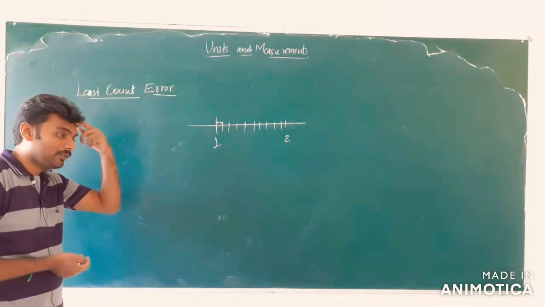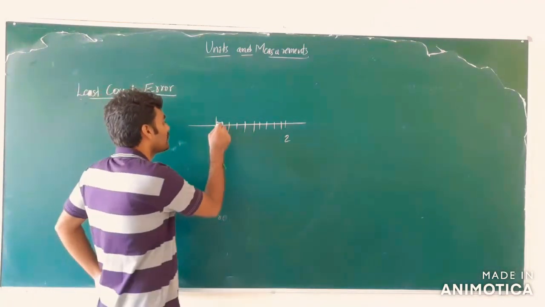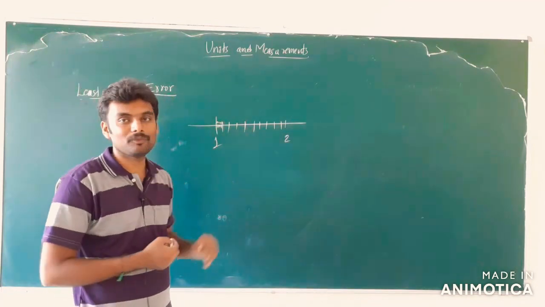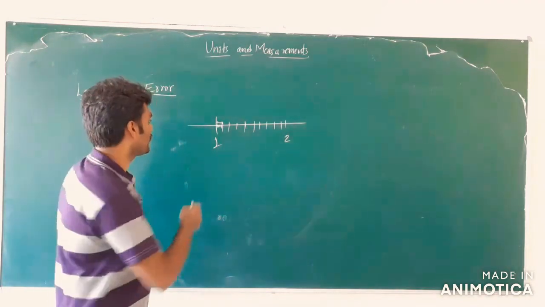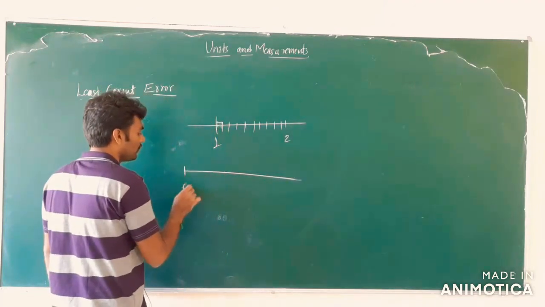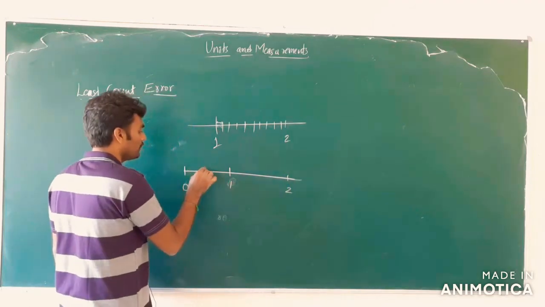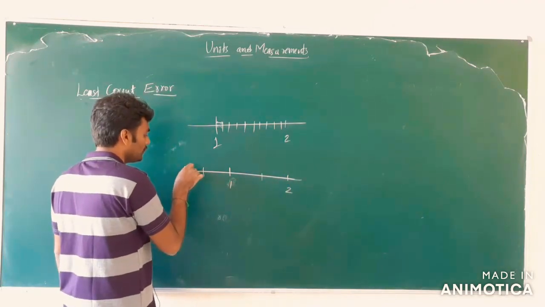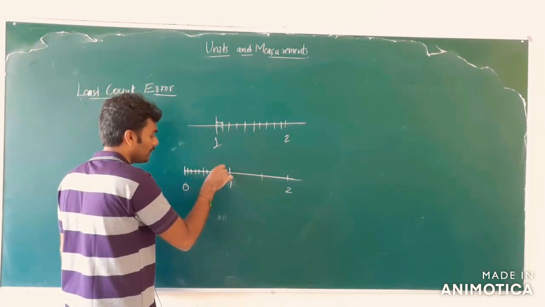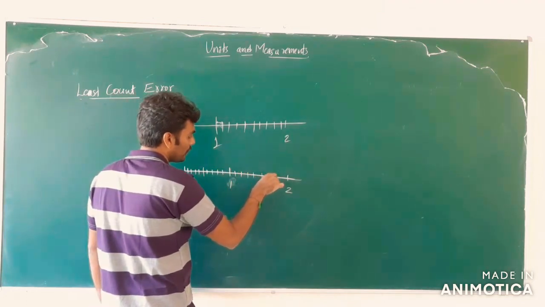And now if you have two instruments, two scales, one which has readings inside 1 millimeter, and one which does not have readings inside the millimeter. Because you might see some other scales which look like this: 0, 1, 2, and you have 1, 2, 3, 4, 5, 6, 7, 8, 9, 10.